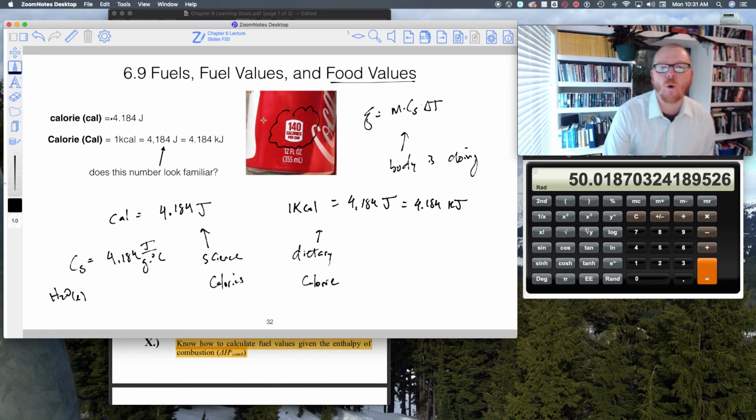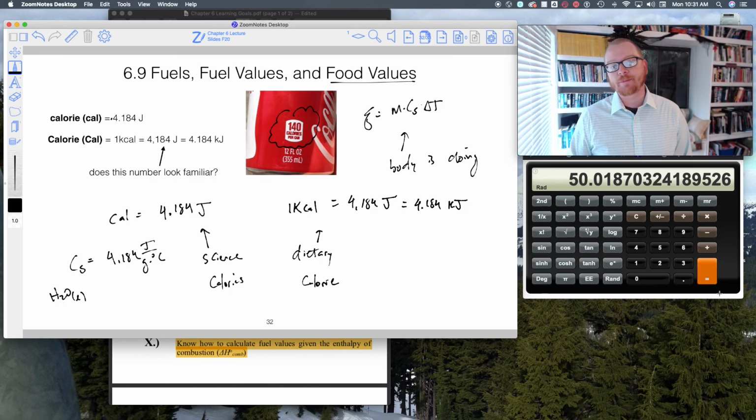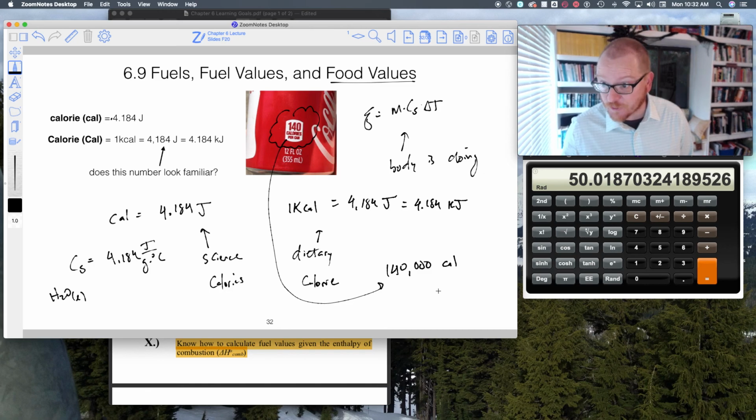Okay, so on this can of Coke where it says 140 calories, that's 140 dietary calories, which is really going to be 140,000 regular calories. Okay, that's all that I'm going to say about the calorie and food value.